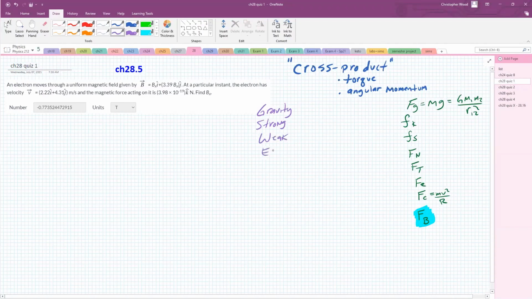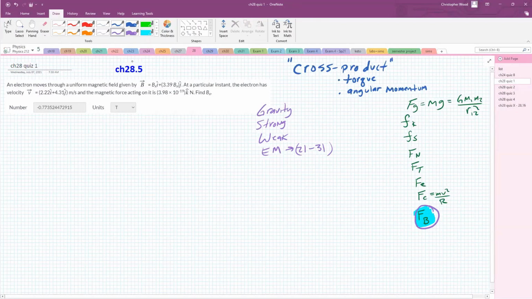And we have the electromagnetic force, which has to do with electricity and magnetism, which for us is basically chapters 21 through 31. Chapters 21 through 31 are all within the realm of electromagnetism. Okay. So again, this is our new inductee to our list of respected and revered forces, the magnetic force.